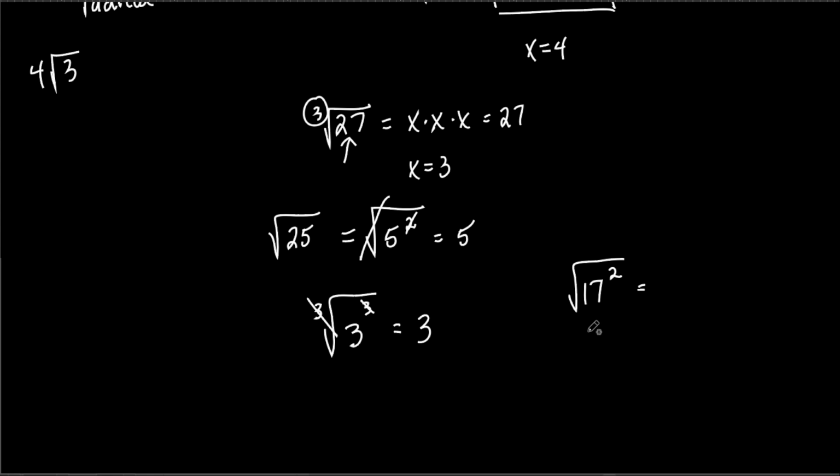What would this be equal to, without doing any math at all? You don't have to do any arithmetic. Just looking at it, I can tell you what that answer is without being super smart. What is it? Why is it 17? Because it's a square root and the squares, they cancel out. Exactly right. This square root cancels out with this squared, so what am I left with? Just 17. That's pretty nice, isn't it, when that happens?